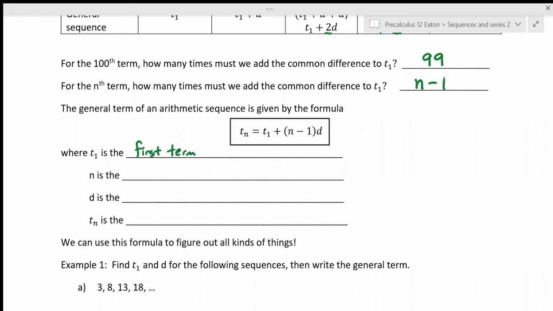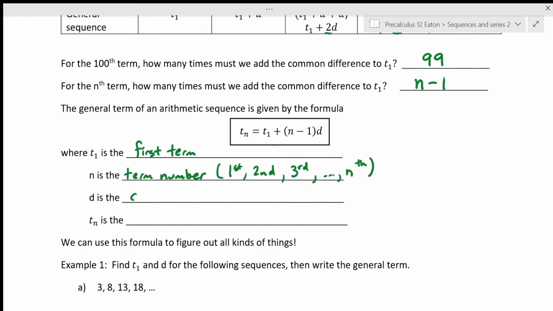n is the term number. When you're talking about the term number, we're thinking first, second, third, all the way up to the nth. So that's our n: which position is it in, how many numbers into our sequence is it.